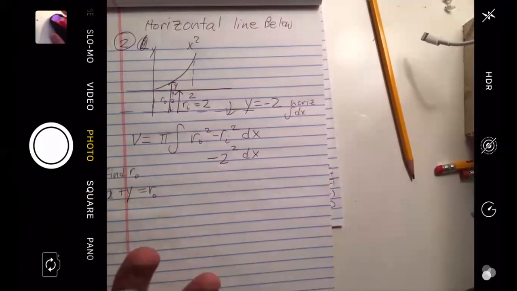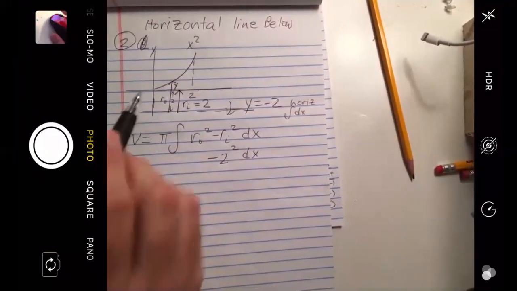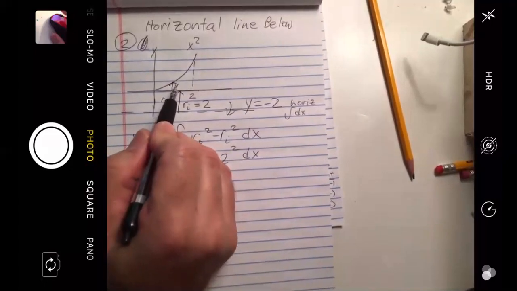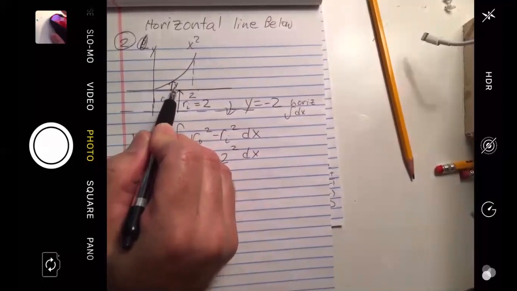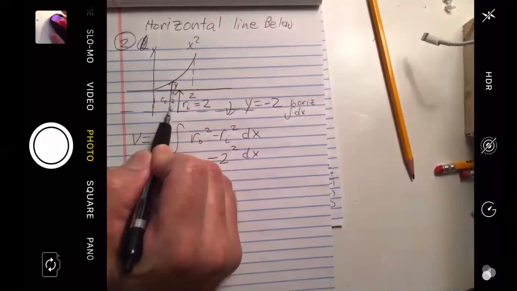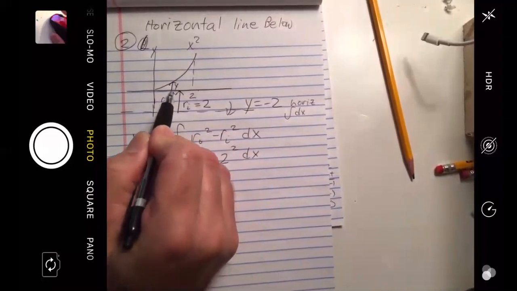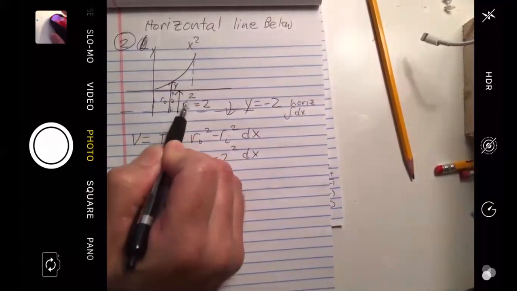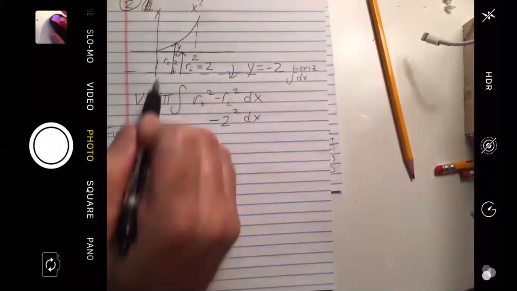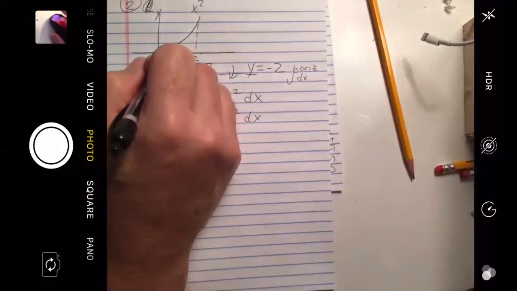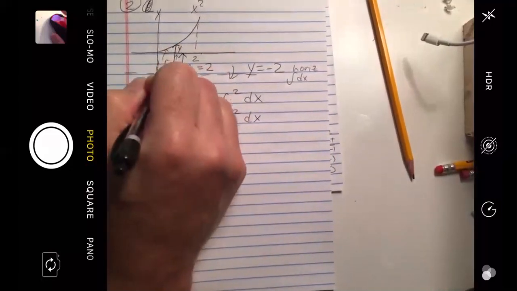These can set up completely individually. You really have got to look at what you're doing, and you got to remember above the x-axis, it's called y. So this little segment is called y. The segment from the line up to the x-axis is a constant 2, just like the inner radius. So the r outer goes totally from there to there.